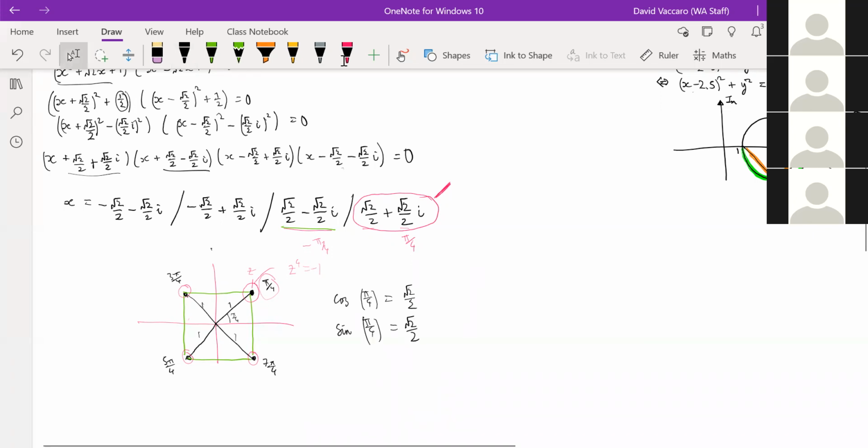By solving x to the 4 plus 1 in two different ways, we know the algebraic solution must give me a complex number with argument pi over 4, and then looking at the real and imaginary parts allows me to get the sine and cosine of pi over 4.